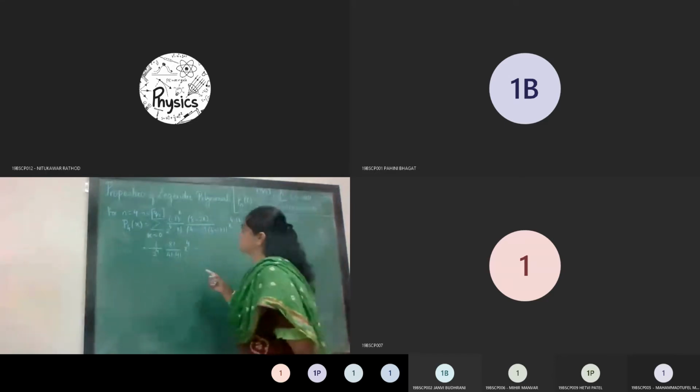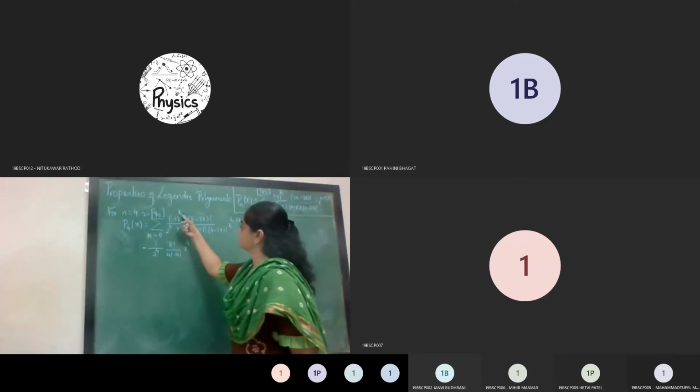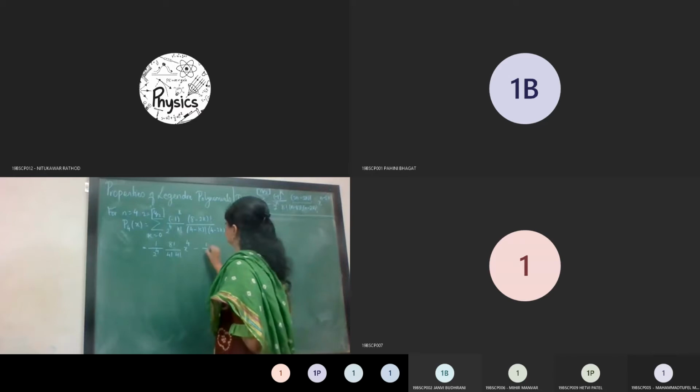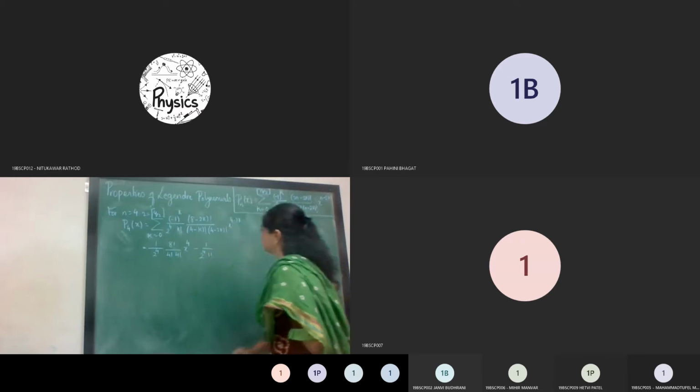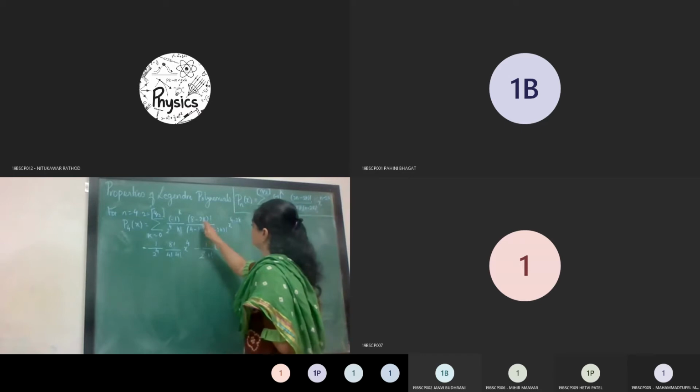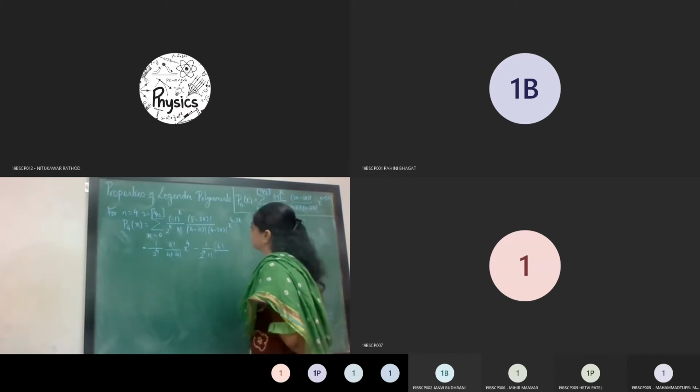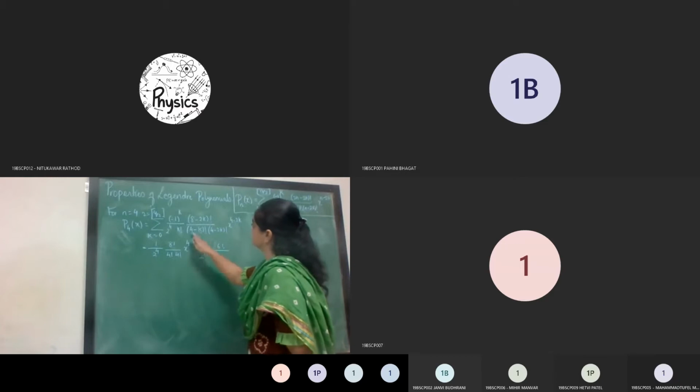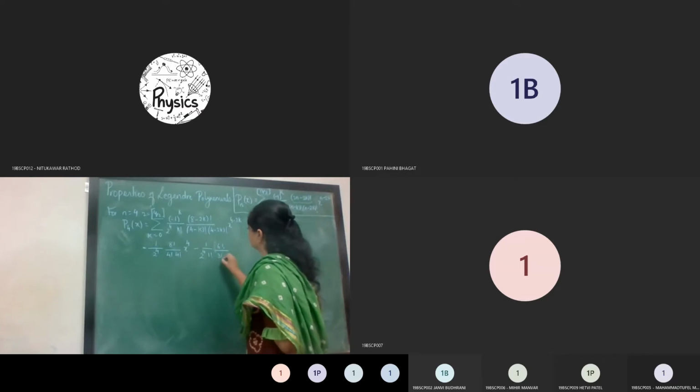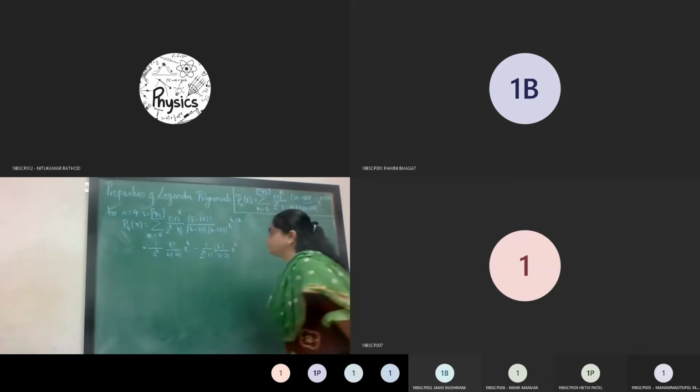Now for k is equal to 1, so minus 1 raised to 1, so negative sign. So 1 upon 2 raised to 4, k is 1, so 1 factorial, here 8 minus 2k, that is 6 factorial. This will be 4 minus 1, so 3 factorial, 4 minus 2, so it will be 2 factorial, x raised to 4 minus 2 into 1, so it will be 2.